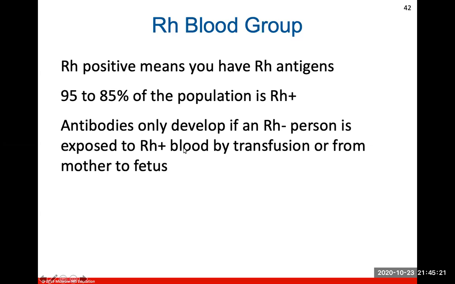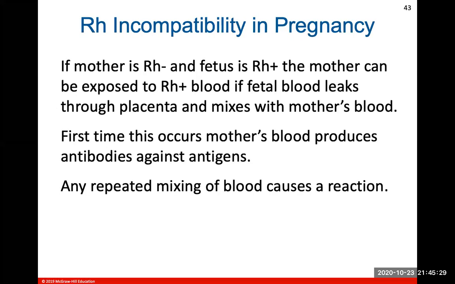Someone can be exposed to Rh positive blood by transfusion or from a mother to a fetus. So, for example, if a mother is negative and a fetus is positive, the mother can be exposed to that positive blood if fetal blood leaks through the placenta and mixes with the mother's blood.